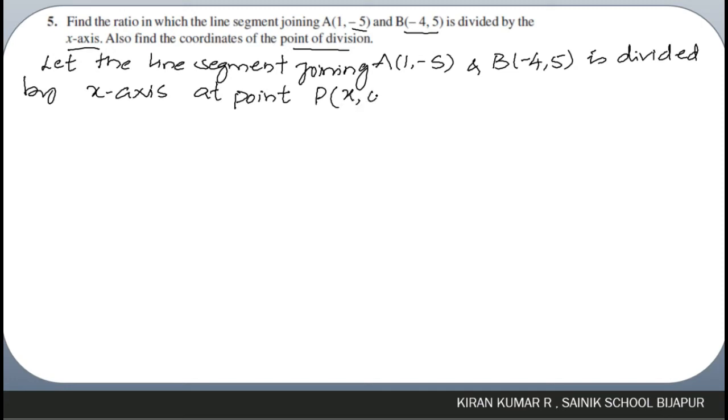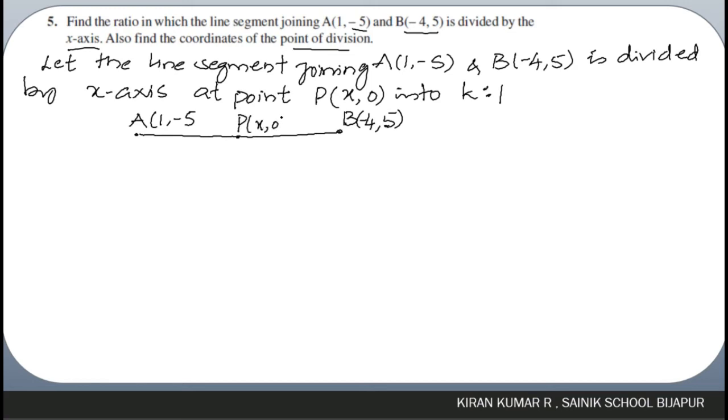So the coordinate will be x, 0. The reason is it is divided by the x-axis into k:1. I have taken the ratio as k:1. It means there's a point A which is 1, -5 and there's point B which is -4, 5. It is divided by a point P x, 0 in the ratio k:1.